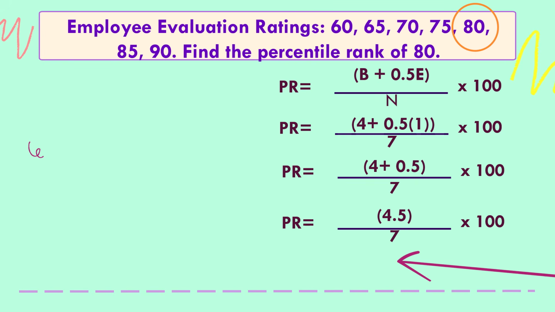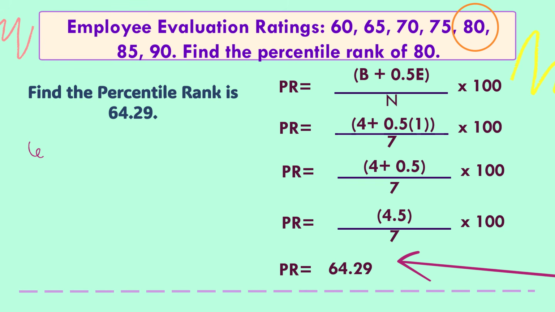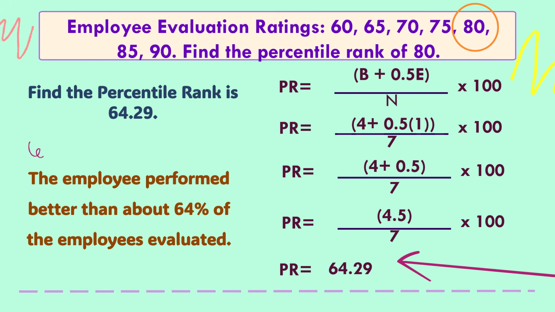So the percentile rank is equal to 64.29. It means the employee performs better than about, let us get the whole number, 64% of the employees evaluated.